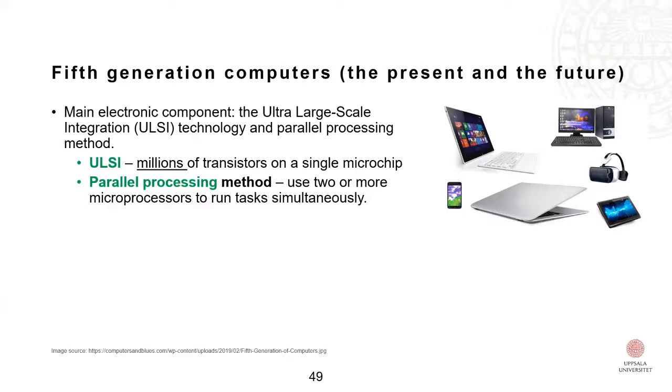Imagine you want to multiply 1,000 numbers by 2. So if you can divide the work between you and some of your friends, then the whole computation will be done in much shorter time. So this is called parallel processing, and it was introduced in the computer world in the 5th generation.